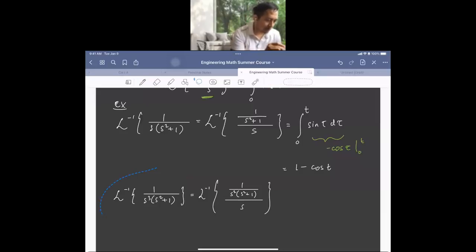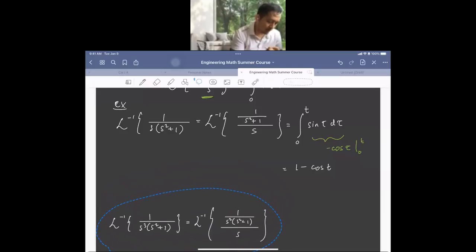So let me just write another one here. Before that, we should have 1 over s squared plus 1, and divide by s.